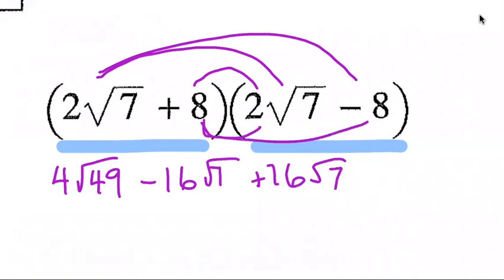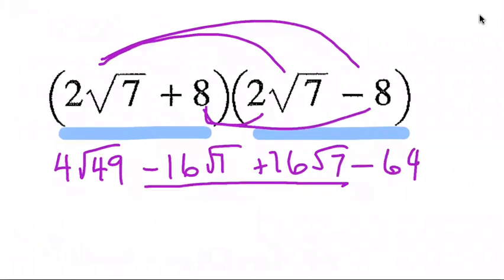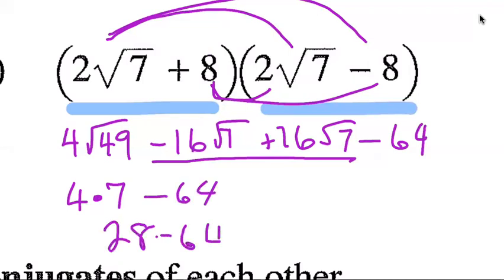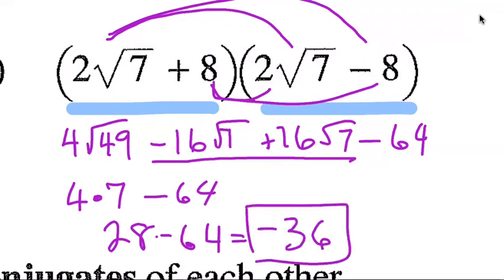There we go. 8 times 8 is minus 64. Plus and minus 16 square root 7, those cancel, they disappear. 4 times square root of 49 is 4 times 7, and then minus 64, which is 28 minus 64, which is equal to negative 36. No more radicals. That makes us happy.